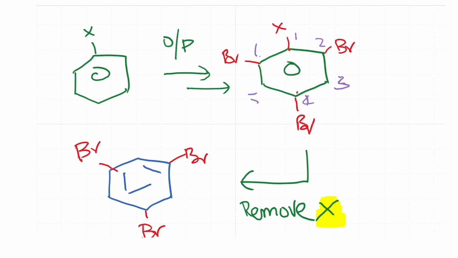After you remove the X, you're going to get 1,3,5. Okay, this numbering is just for our own convenience here. So if you remove X here, then you get 1,3,5-tribromobenzene. Therefore, this might be a better strategy for us to adopt if we want to convert benzene to 1,3,5-tribromobenzene.